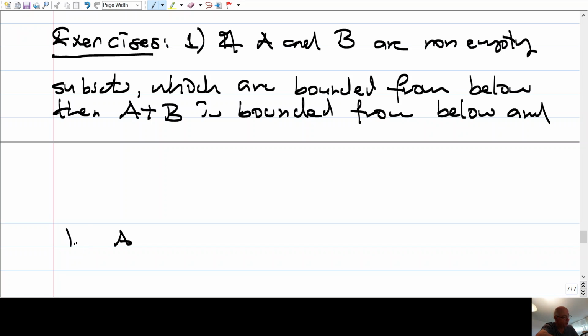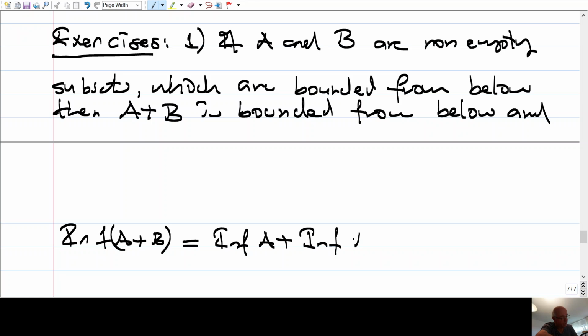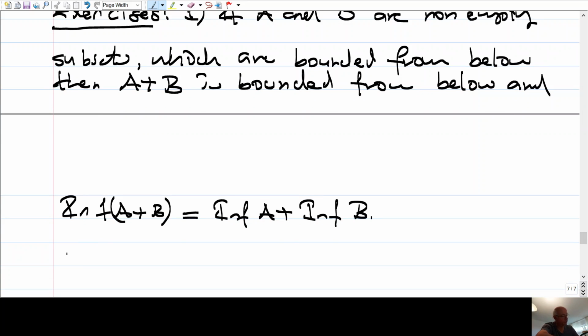Since it is bounded from below, it has an infimum. The infimum of A plus B is equal to the infimum of A plus the infimum of B. Okay. So I want you to work on the proof of this.